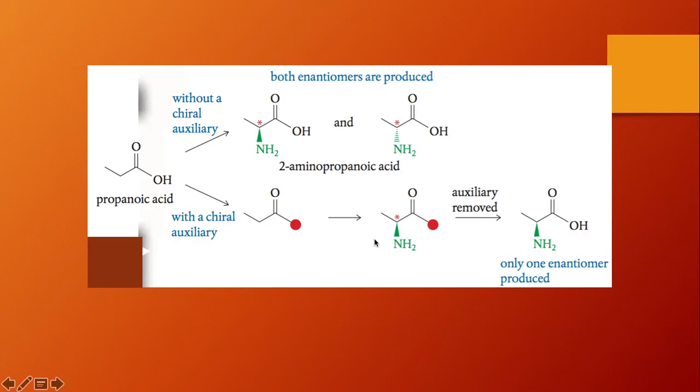We will only get the NH2, the amine, that is coming towards you. Okay, by placing this chiral auxiliary, you force the reaction to occur in the manner you want. And then at the end, this auxiliary can be removed, and it can be replaced with this OH group. And therefore, we only get one enantiomer, which is the one that we want, the one that we need.